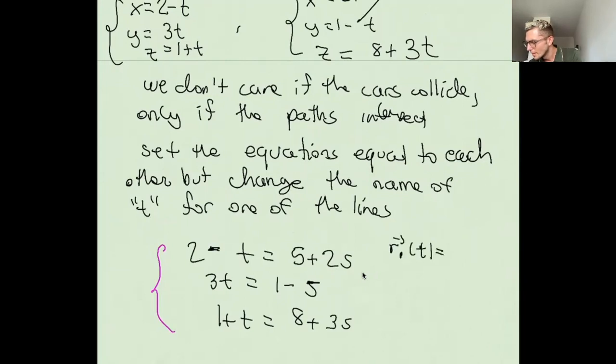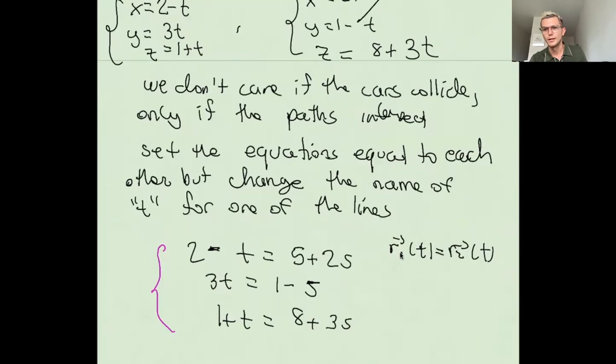Would it be true though? It can be true, but it's not necessarily true. It could happen that they do meet at the same time, right? But if that does end up occurring, you just end up finding that T equals S and will be equal to some value, right?